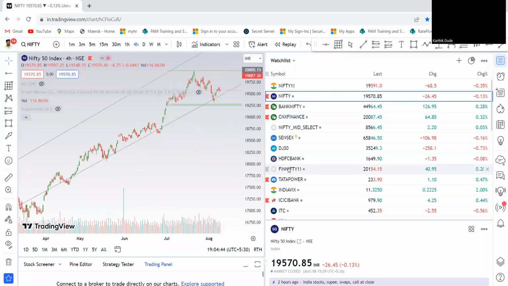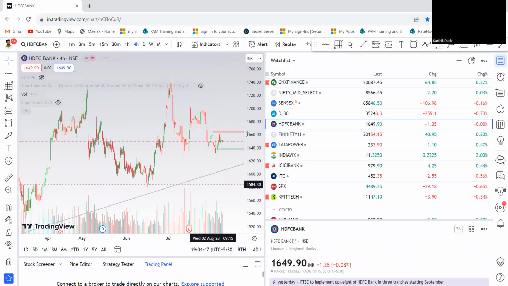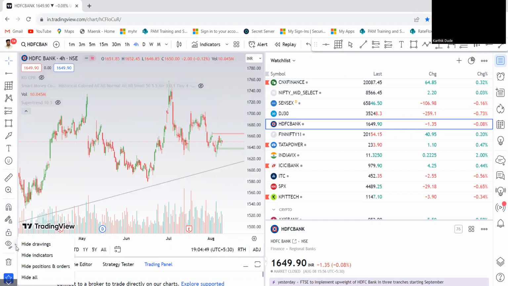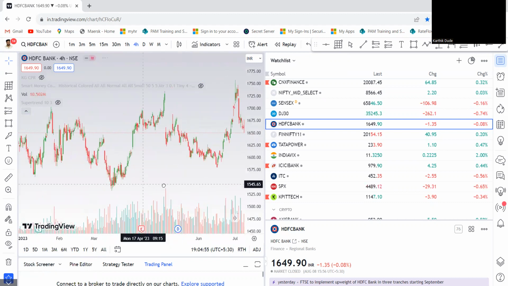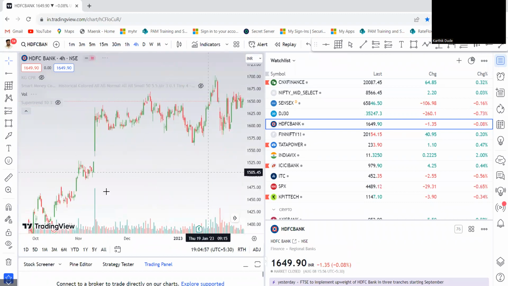Okay, let's go to some share. I'll go to HDFC. Here I'll clear all my drawings. Let's see if I can find the ascending triangle anywhere.